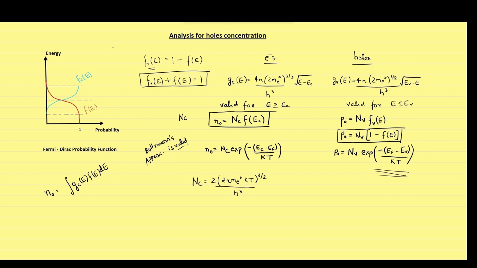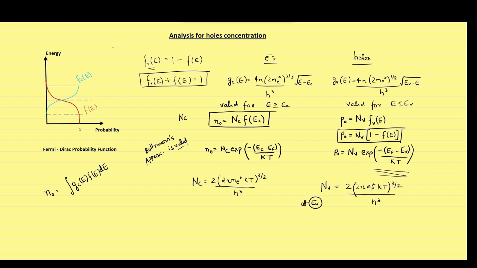By similar analysis, we can have the formula for effective density of states at EV to be equal to 2 multiplied by 2 pi effective mass of hole into kT raised to the power 3 by 2, divided by h cubed, where h is Planck's constant.